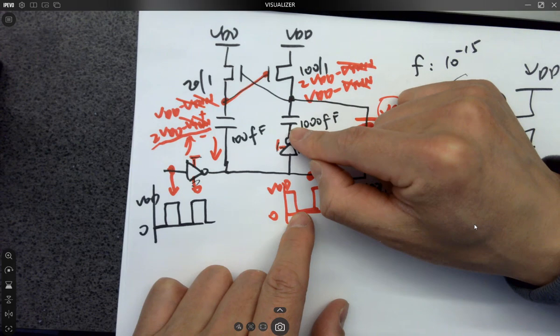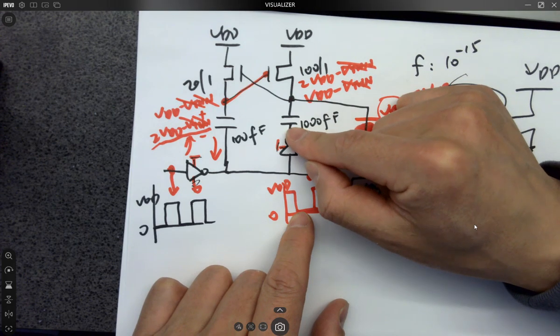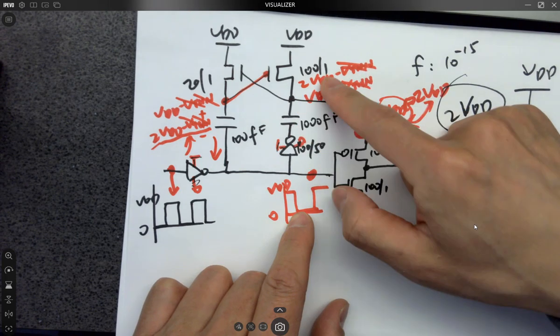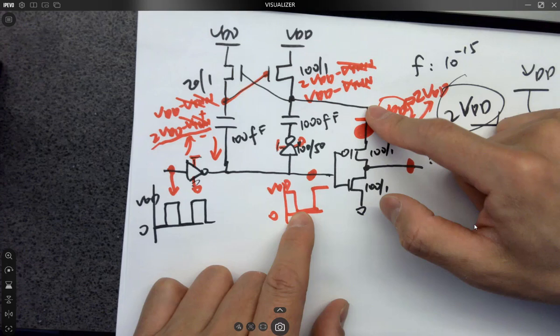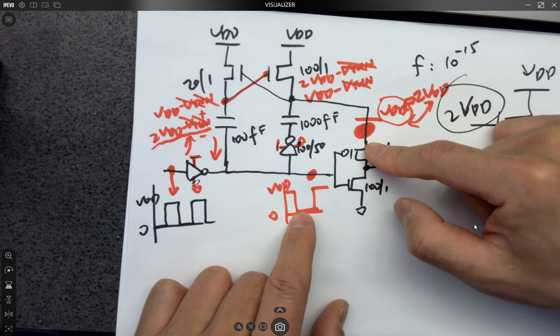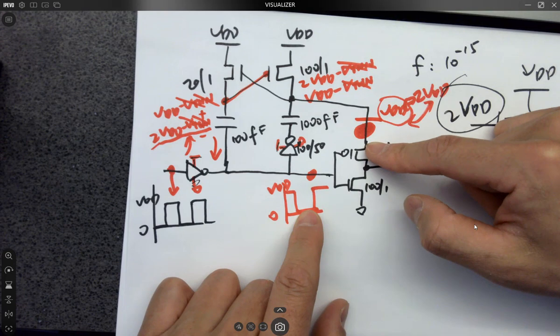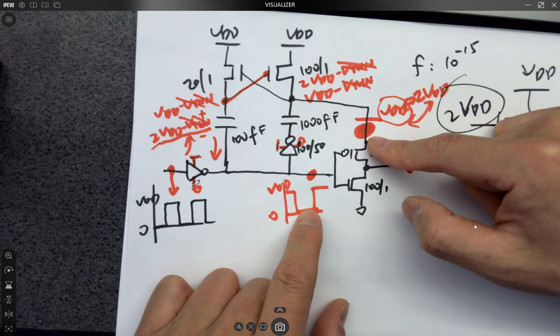If this is VDD, is pulling or pushing? Pushing. So what's the voltage here across it? 2 VDD. If this is 2 VDD, what's the voltage here? Still 2 VDD, okay? So whenever the input of the inverter is 0, which one is on? PMOS is on, right?